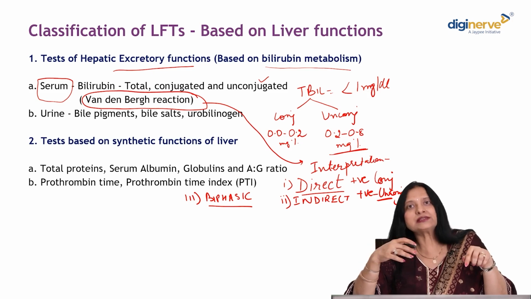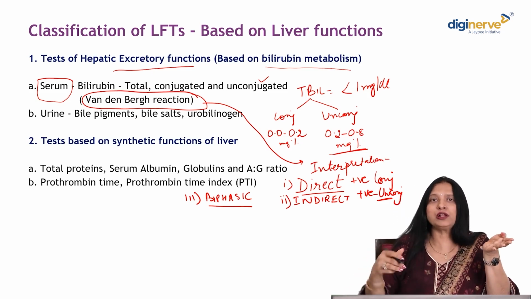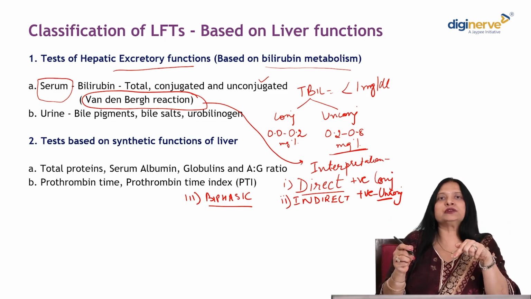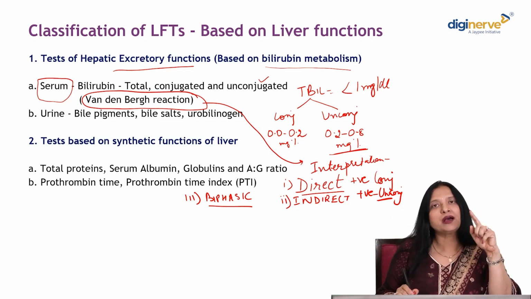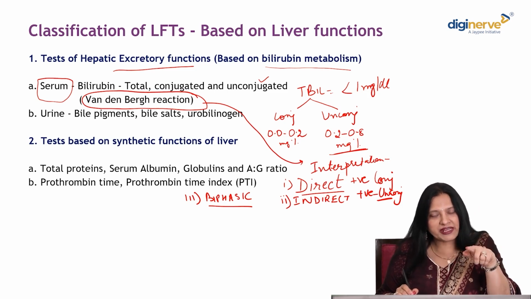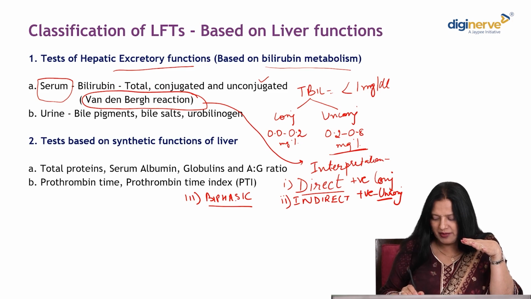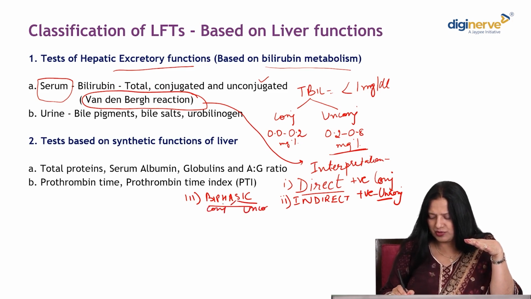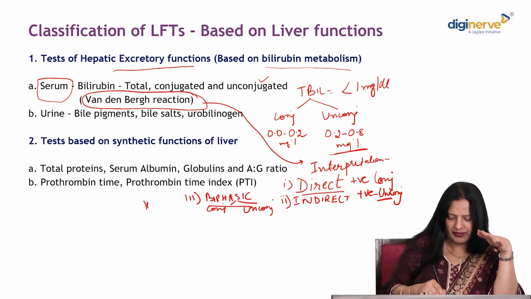This kind of reaction, in which the color gets intensified after the addition of alcohol so that both types of bilirubin are estimated, is known as biphasic. Biphasic means both conjugated as well as unconjugated bilirubins are present, and this scenario is mostly seen in hepatic jaundice.